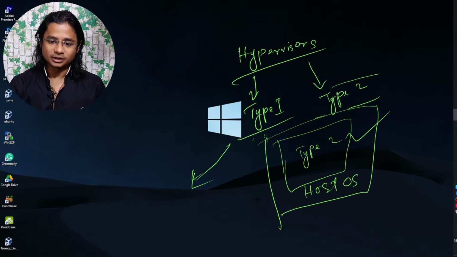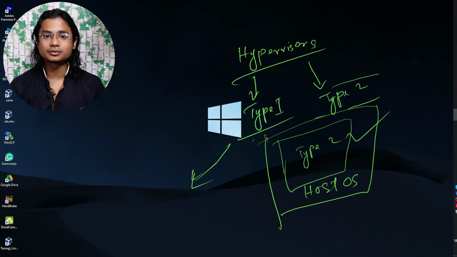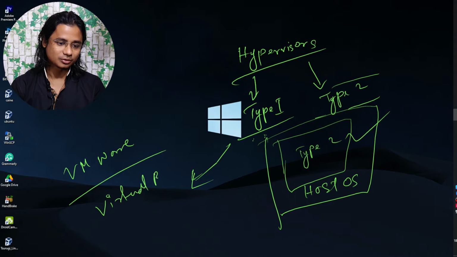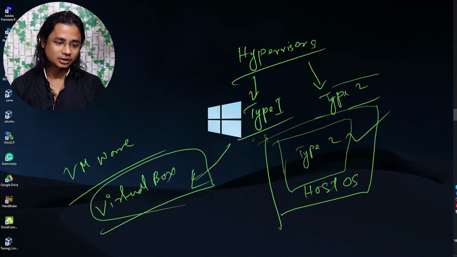Okay. So there are a few examples of type 2 hypervisors: Parallels, VMware, and VirtualBox. I personally prefer VirtualBox.